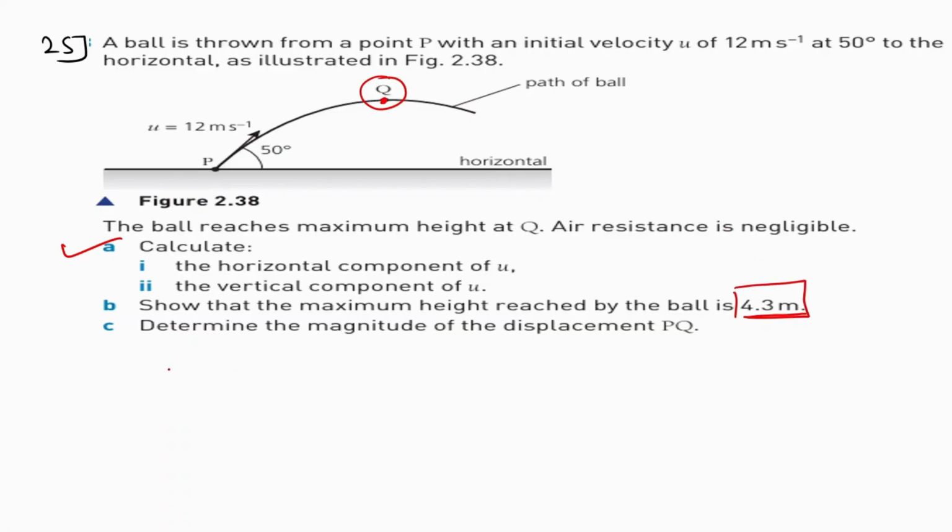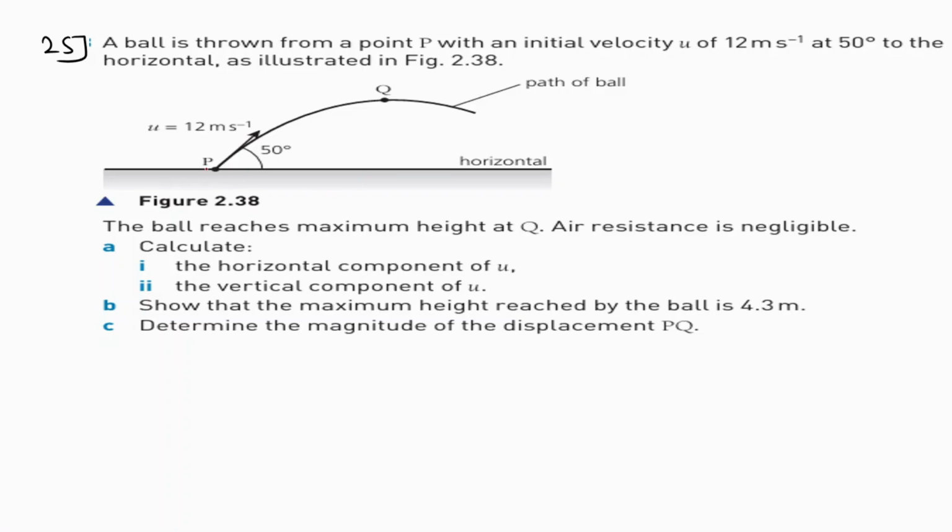And question C: determine the magnitude of the displacement PQ. This is point P and this is point Q. We need to find the displacement, not the distance. How can we find the displacement of PQ?